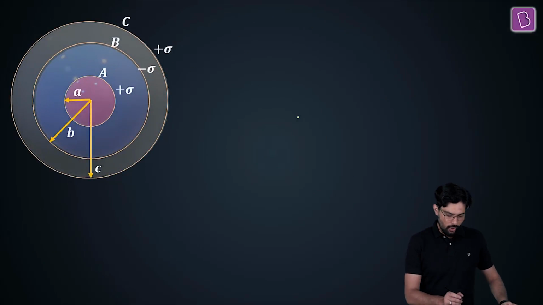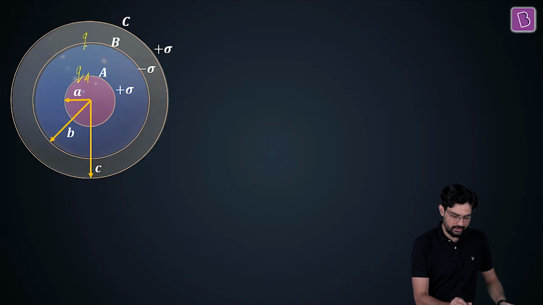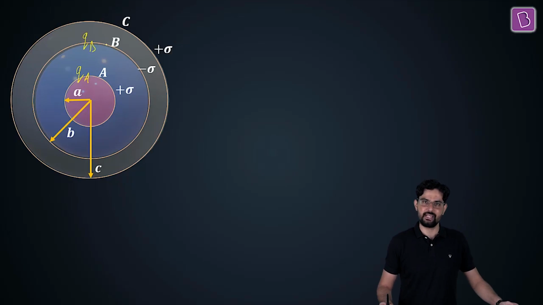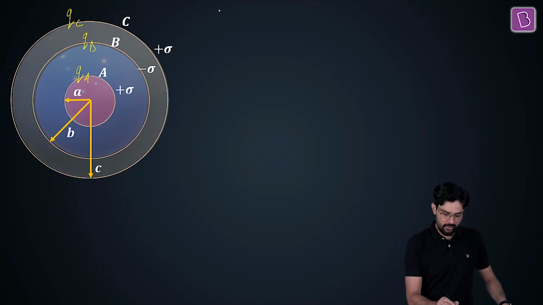So let's assume that on the shell A, QA amount of charge resides. Okay? On shell B, the amount of charge is, let's say, QB, which we know is going to be negative, but we'll see about that. And on the shell C, let's say the charge residing is QC, where you know that QA is going to be the surface charge density into the surface area, that is 4 pi A square.